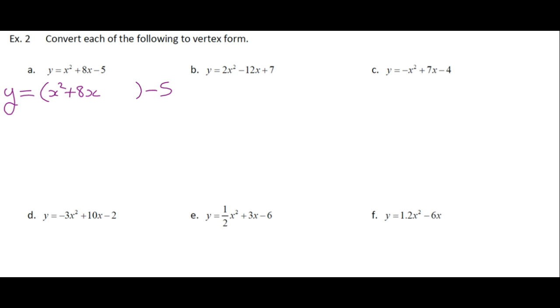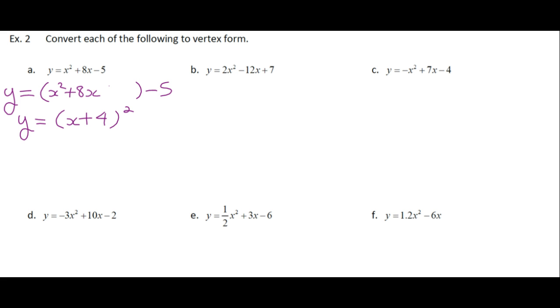Now I want that set of brackets to be a perfect square trinomial. So what's it going to be the square of? x plus 4.